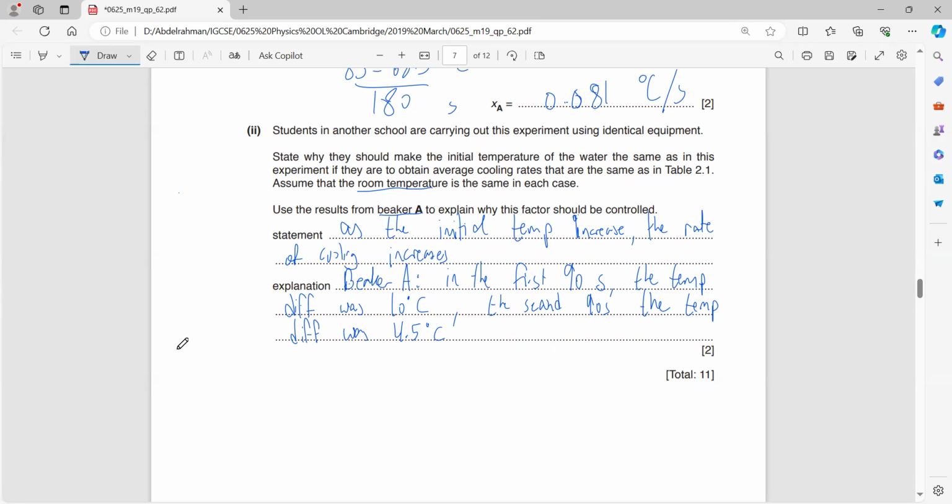That's the case for beaker A. In the first 90 seconds, it dropped 10 degrees, but in the second 90 seconds, it only dropped 4.5 degrees. If you left it for 90 more seconds, the temperature difference would have been less than 4.5, for example only 3 or 2.5 degrees Celsius.